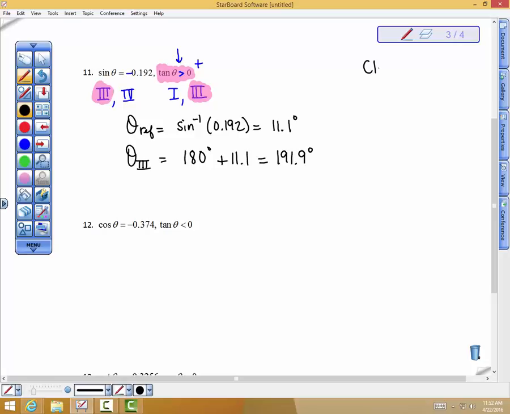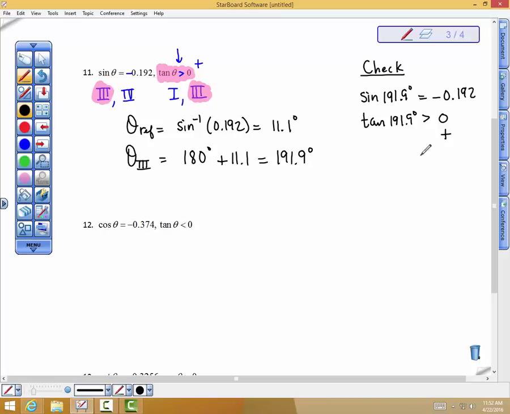And your check for this one is a bit different. You want to see if the sine of 191.1 degrees is approximately negative 0.192. But you also want to see if the tangent of 191.1 degrees is greater than 0, or just positive. I don't care what the value is, I just want to know if it's positive.